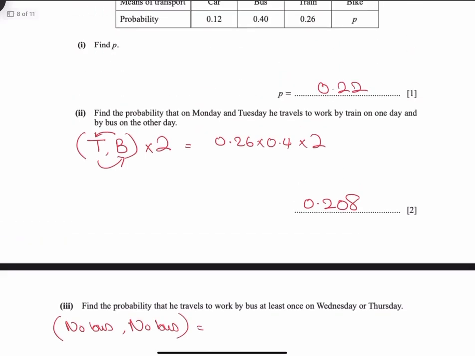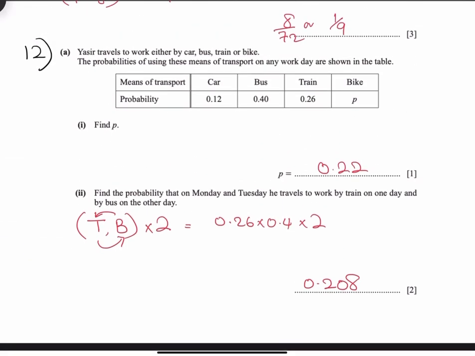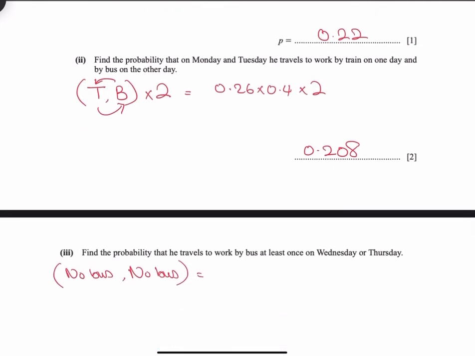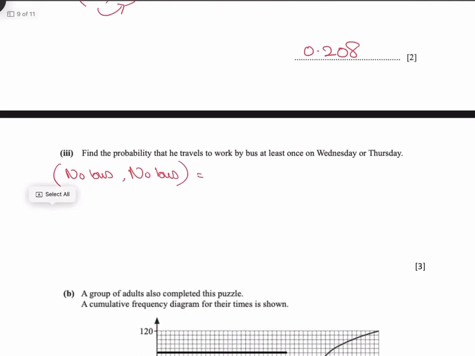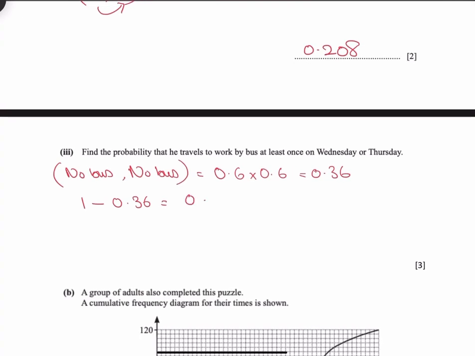Let me go to by bus is 0.4, no bus is 0.6. So you've got to say 0.6 times 0.6, that's 0.36. Then 1 minus answer to get the at least by bus, 1 minus 0.36, which is going to give me 0.64 is the answer for this question.